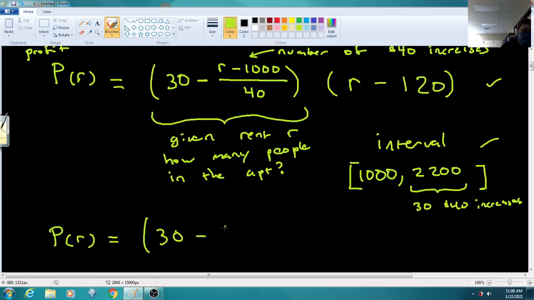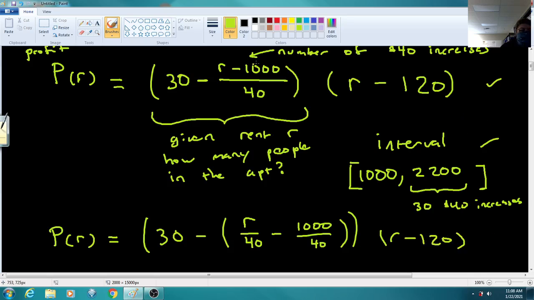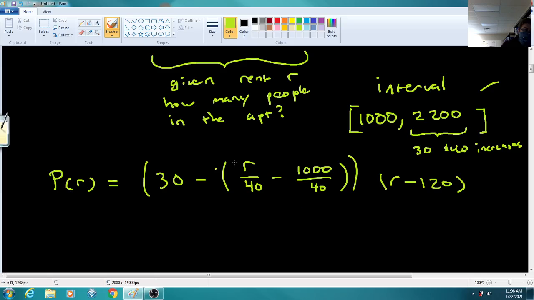So we have 30 minus r over 40 minus 1,000 over 40, all that times r minus 120. Okay, so I'm going to distribute the negative. We get 30 minus r over 40, which is the same as 1/40th r.